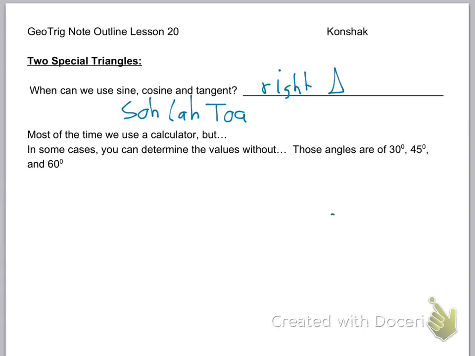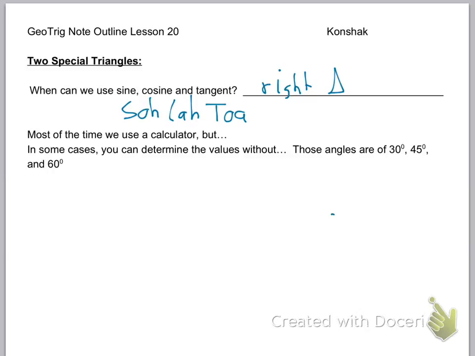There's also 90, which is made up of 30s or 60s as well. Anytime in this lesson we talk about an angle of 30, 45, or 60 degrees, you're not allowed to use your calculator anymore. It will actually take you longer to use your calculator than what we're going to do today. And this goes for any angle that's a multiple of 30, 45, or 60.